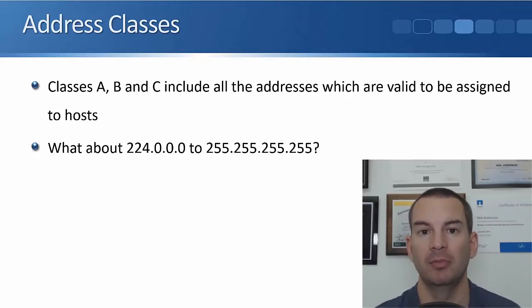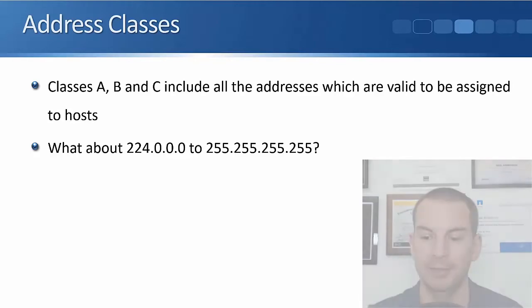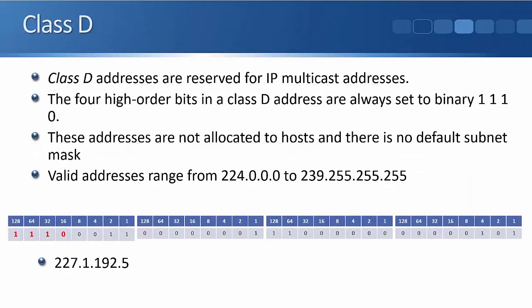Because you know that the maximum value in each of our octets is 255. We only went up to 223. Well, the next class is Class D. And Class D is used for multicast addresses. You'll learn about what multicast is right on the next slide.